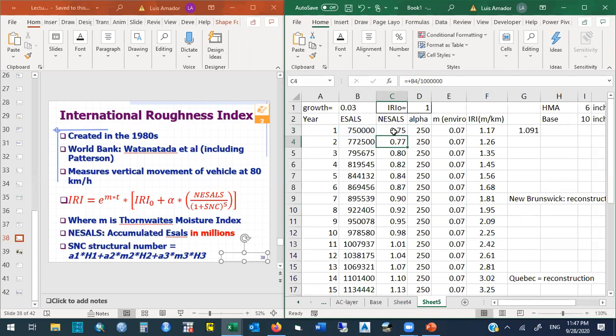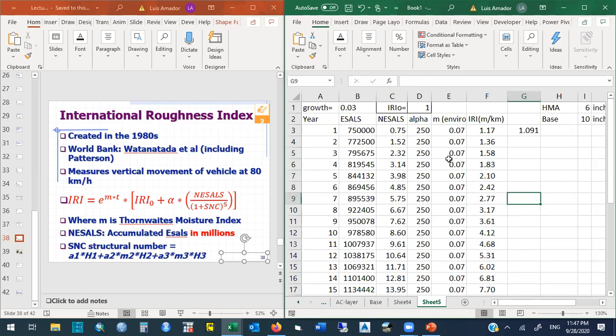This is correct for the first one, but the second one was accumulating and I lost the accumulation. This one should take this plus, so this times 1 million. Or maybe create another column for accumulated and then convert to millions. Yeah, that looks about right now. That's why it was going so slow.